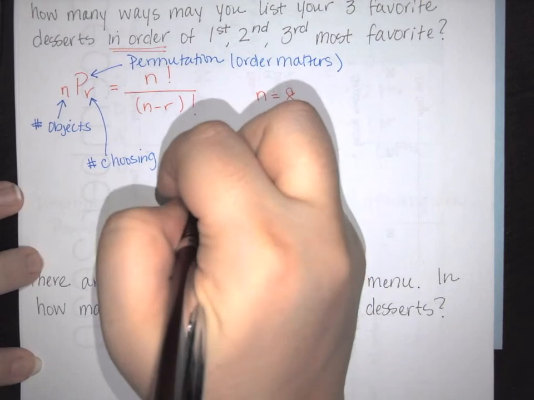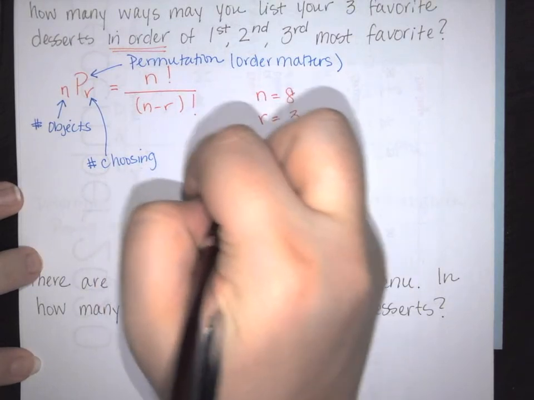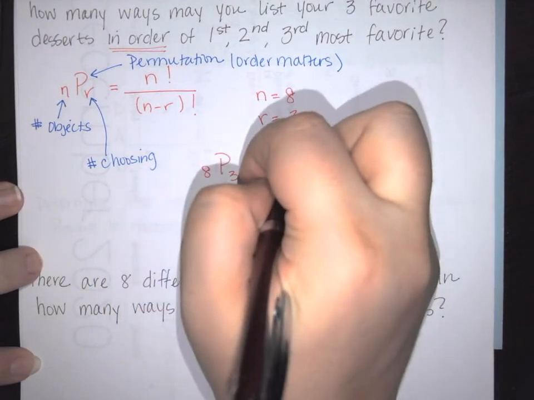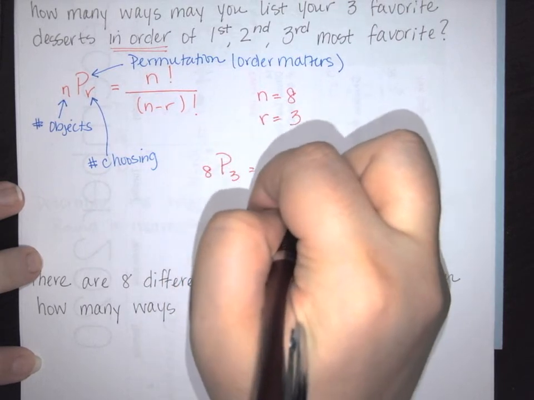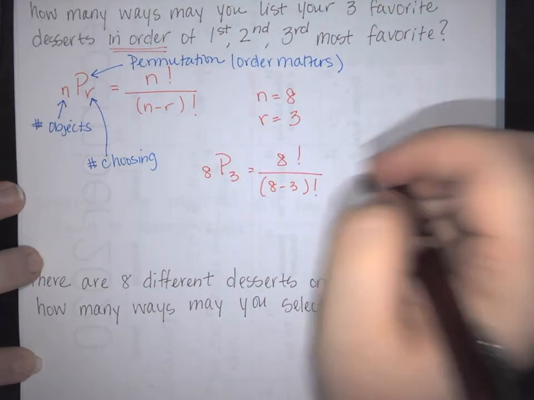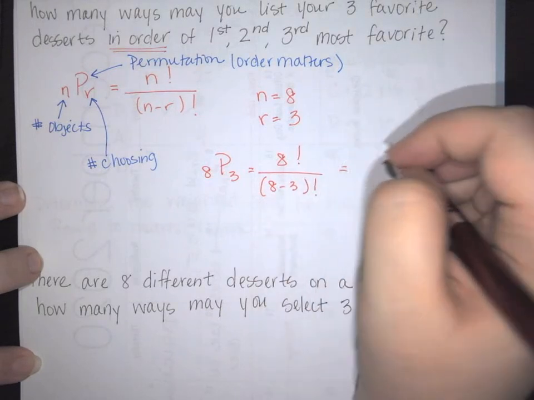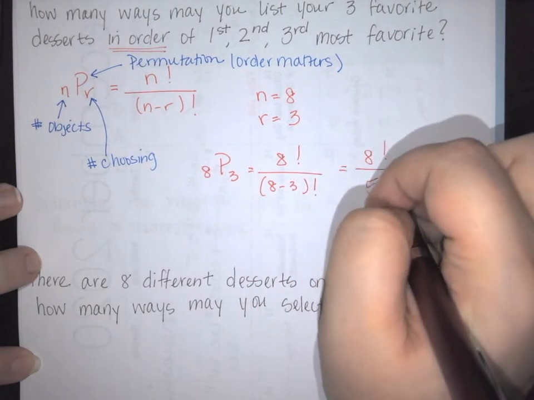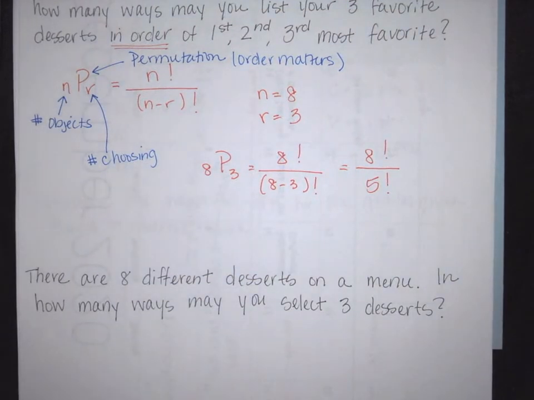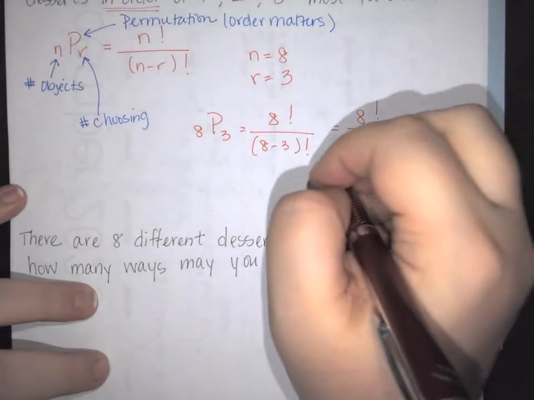So I would plug it in. So I'm going to have 8 permutated 3 is going to be 8 factorial over 8 minus 3 factorial, which in this case is going to be 8 factorial over 5 factorial. Now you can do this by hand without using a calculator, which is to set yourself up to do some canceling.